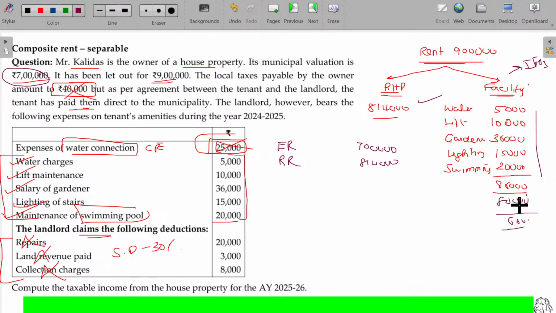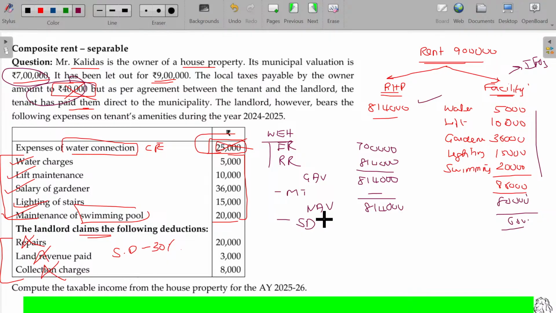That will be separate. Now, GAV being whichever is higher of these two, 8 lakhs 14,000. Municipal tax cannot be deductible as this is paid by the tenant himself, so nothing is deductible. So NAV being 8 lakhs 14,000 minus standard deduction at the rate of 24%.